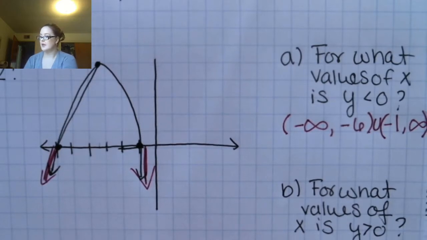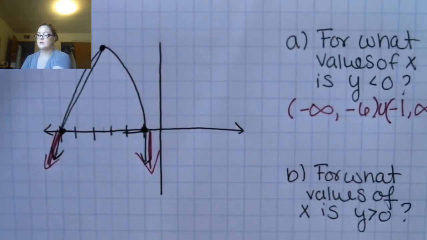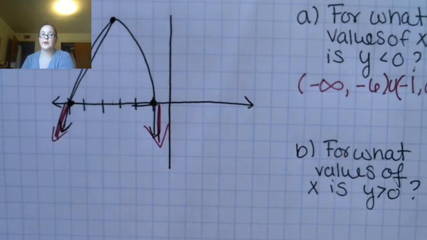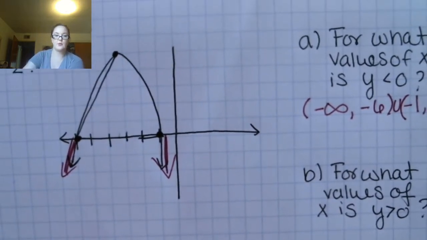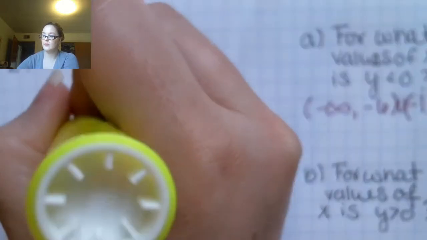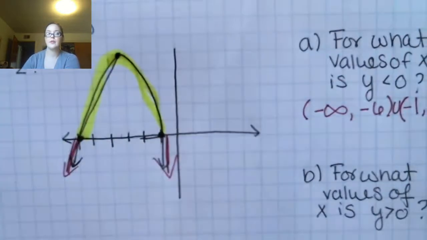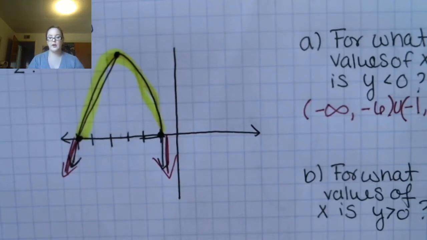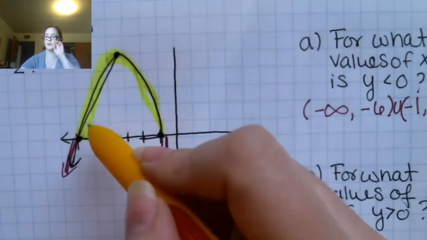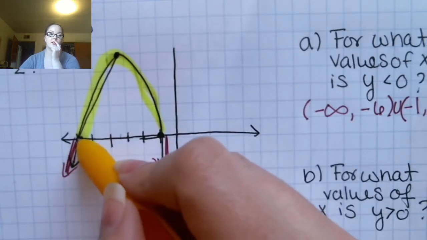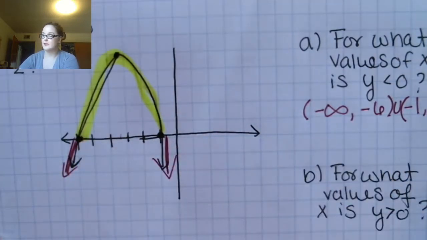Okay. This says, for what values of x is y greater than 0? So y is greater than 0 above the x-axis, right? So that's going to be this part of the graph. And we're going to read off the x that goes with this part of the graph. So we can see it starts here at -6.